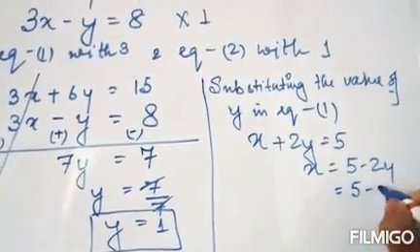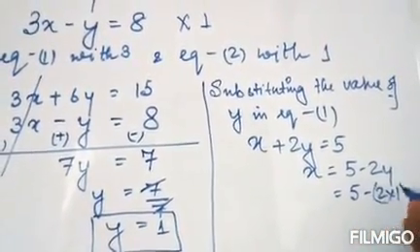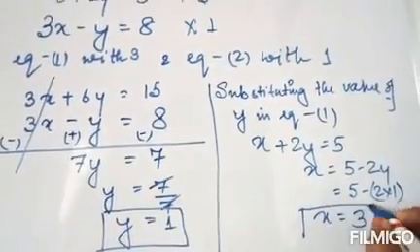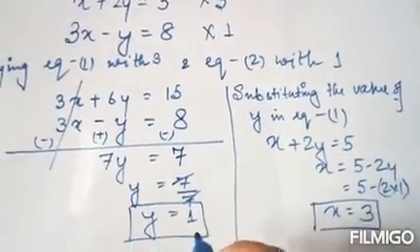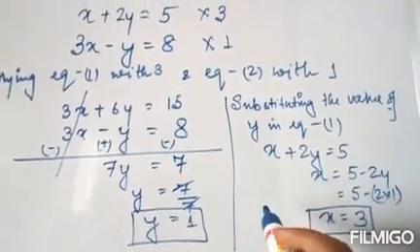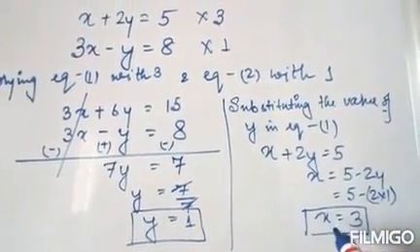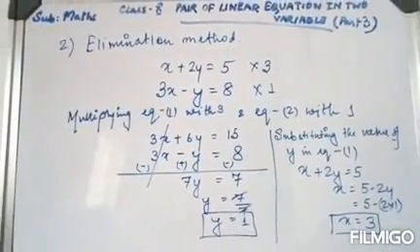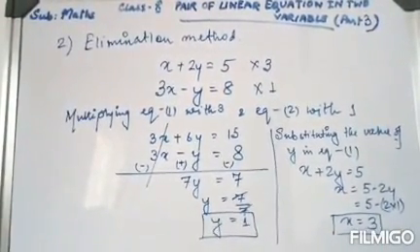So 5 minus 2 into 1, which means 3. So hence I have got the values of x and y: x is 3 and y is 1. So this is the method of elimination, isn't it?